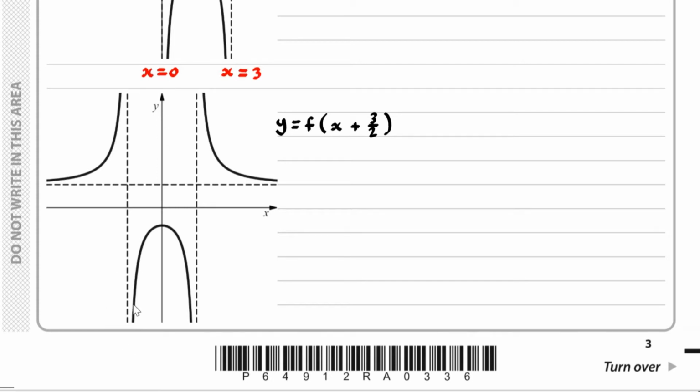So here we have x equals negative 3 over 2, and here we have x equals positive 3 over 2.